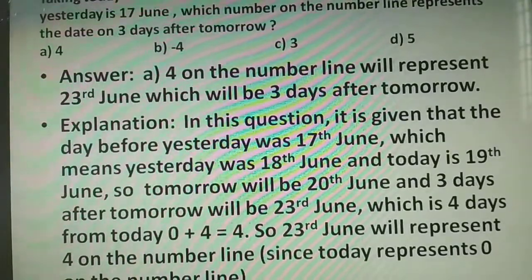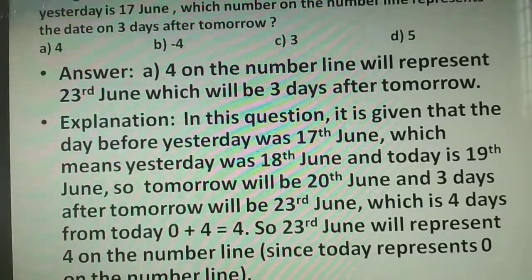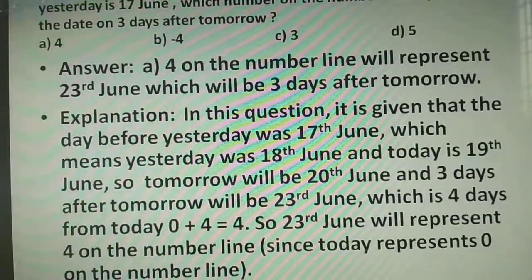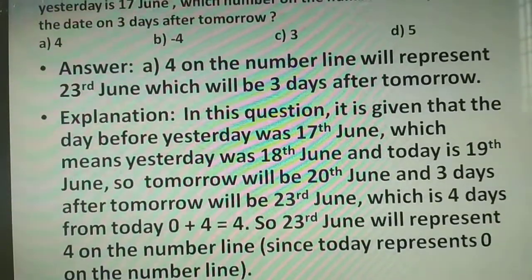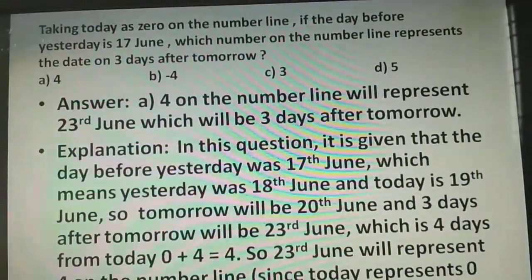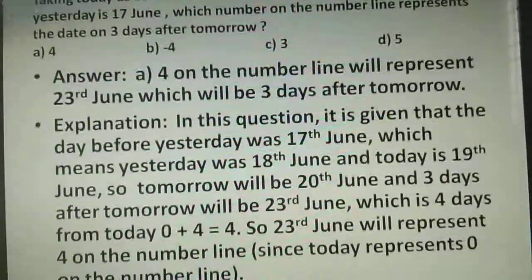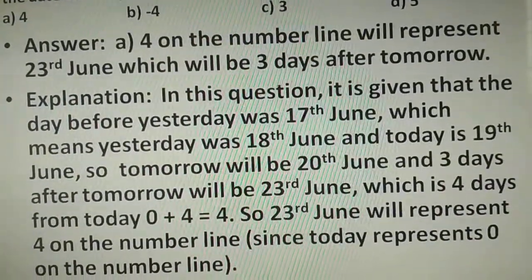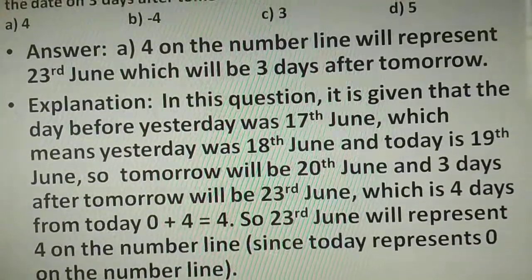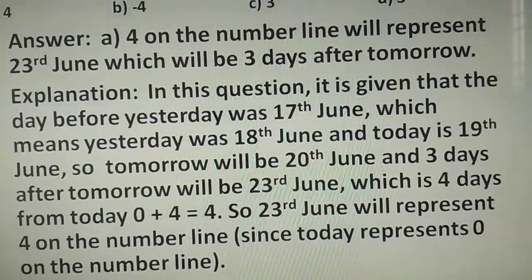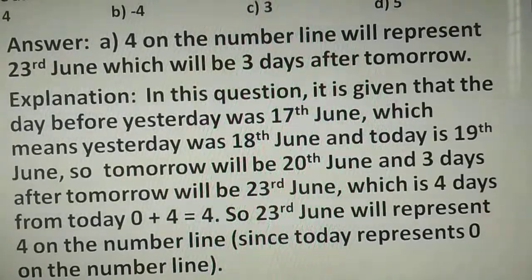So 3 days after tomorrow will be 23rd June. So 4 days from today, it is given in the question that today represents 0 on the number line. So let us come to this conclusion: 4 on the number line will represent 23rd June, which is 3 days after tomorrow.